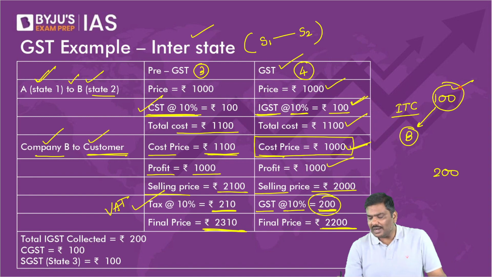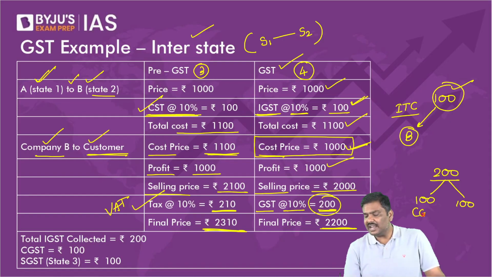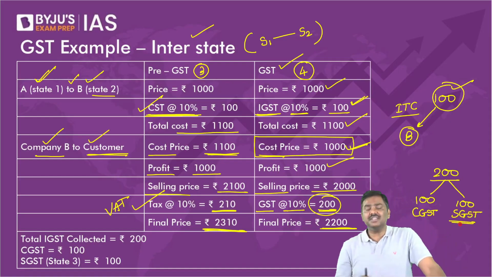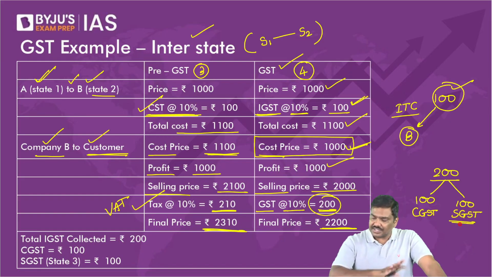Now divide this 200 rupees into 2 equal parts. One will be 100 and the other, obviously, 100 rupees. So 100 CGST will go to the central government. Now please tell me, 100 rupees SGST will go to which state? Will it go to state 1 or state 2?